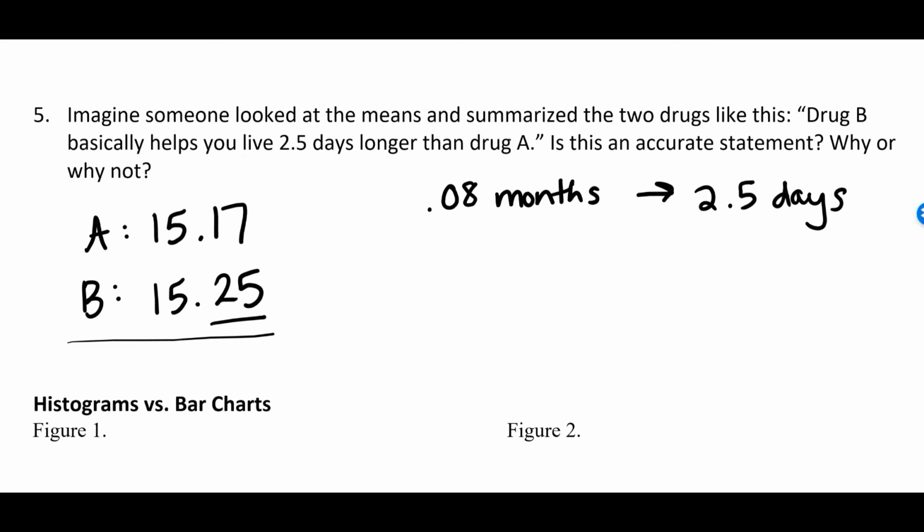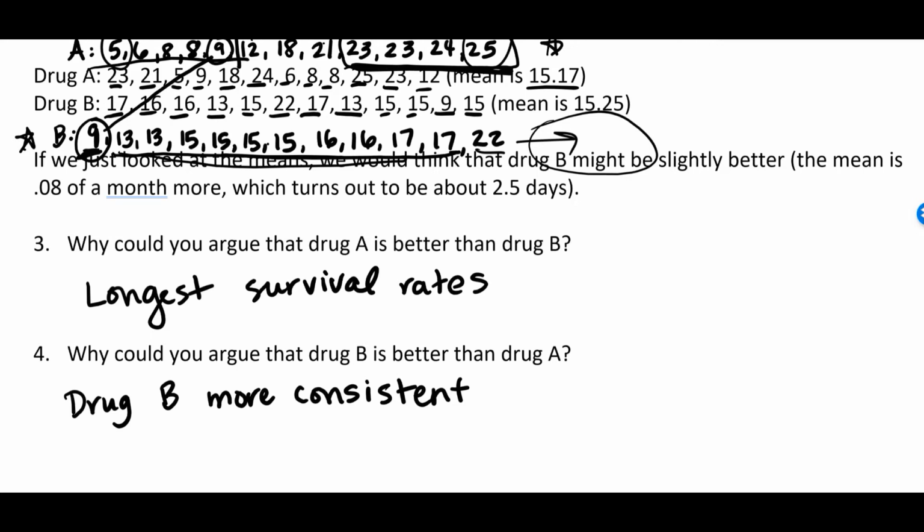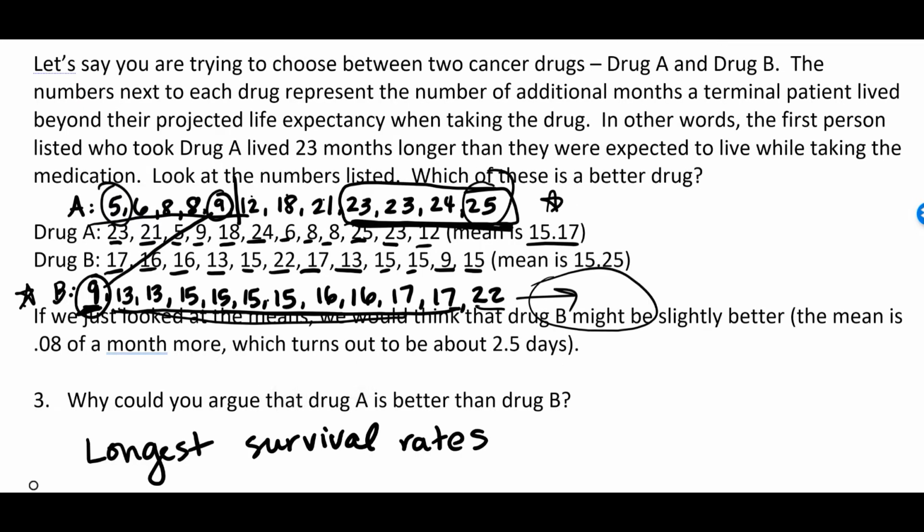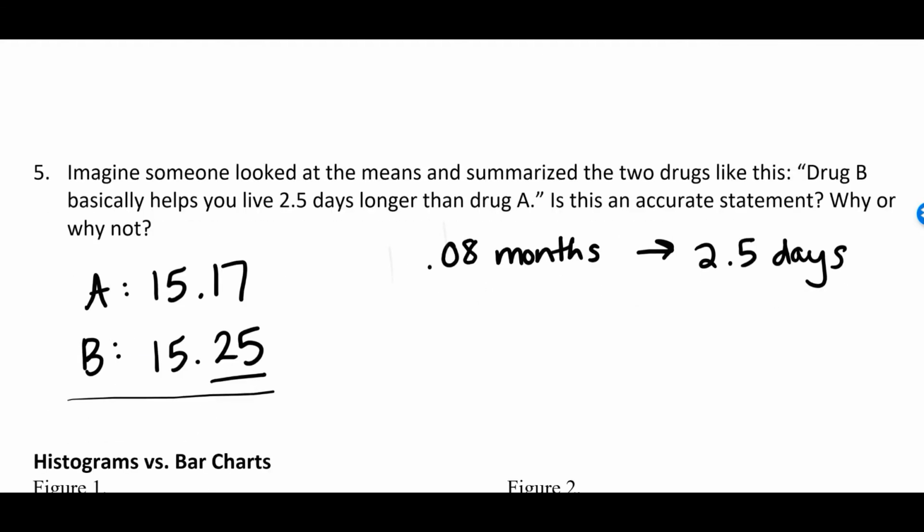If we look at the numbers, that's not really telling the full story. We're missing a lot of information. The means make it seem like these two are really similar, but when we look at the numbers all written out, they're really not very similar. This one has a much lower low and much higher high, whereas this one is clumped more towards the middle and is more consistent. So it's not a very good statement.